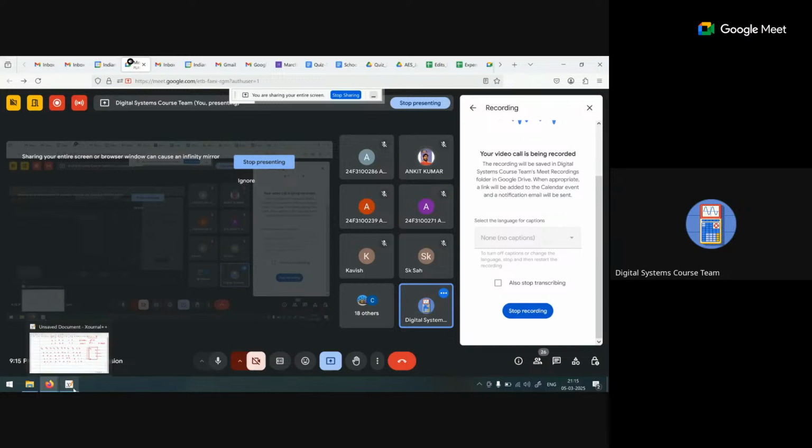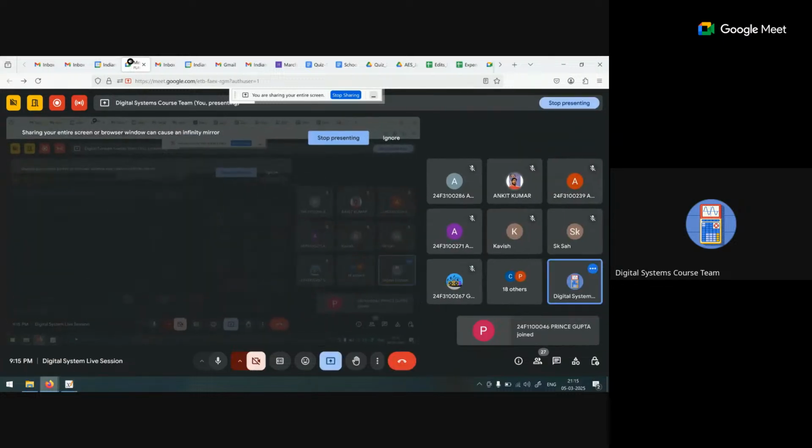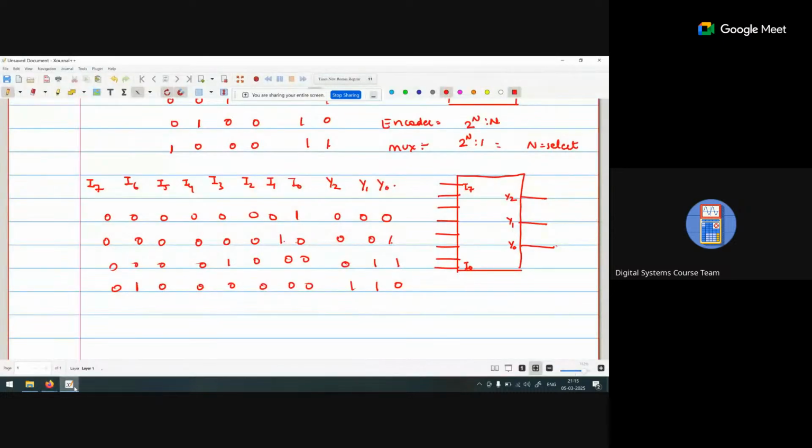Clear? Yes, now it's clear. In all the cases, remember that we consider the enable to be 1.